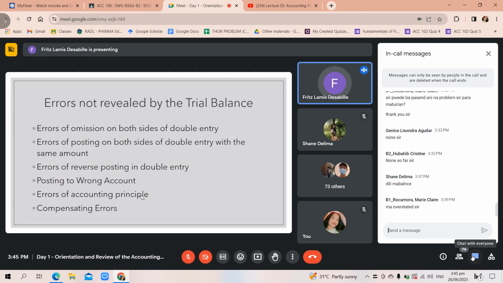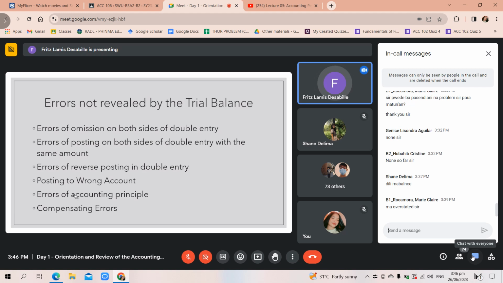Errors of accounting principle, example ani ka ng mga errors of accounting principle like kung ang accounting policy ninyo is the depreciation is based on straight line, pero another type of depreciation method imong gigamit.